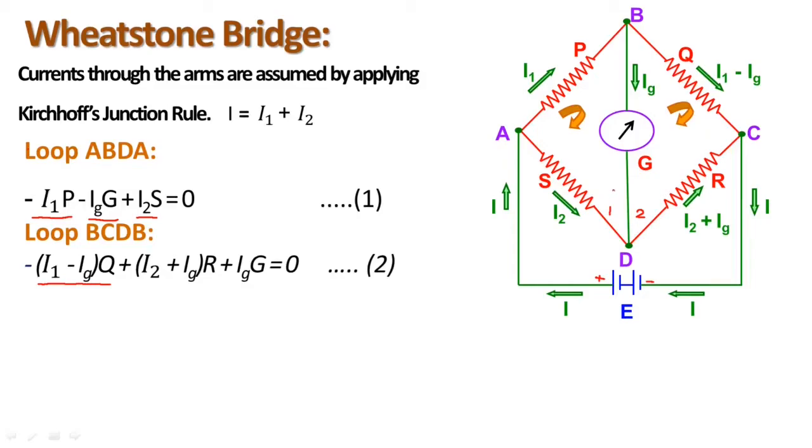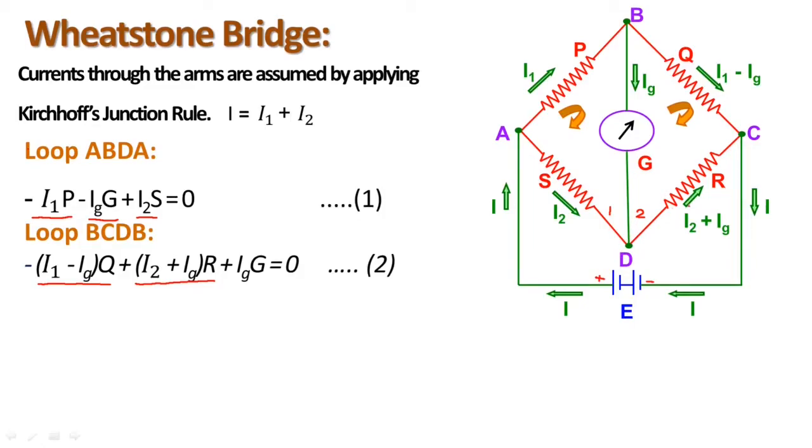Therefore, there is a potential drop, and hence the potential difference across the resistance Q is minus I1 minus Ig into Q. For resistance R, the path traced and the direction of the current are both opposite.